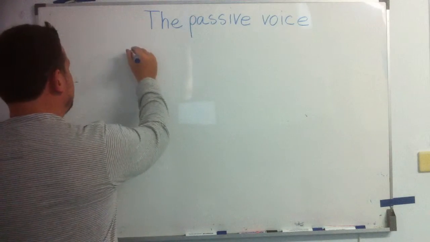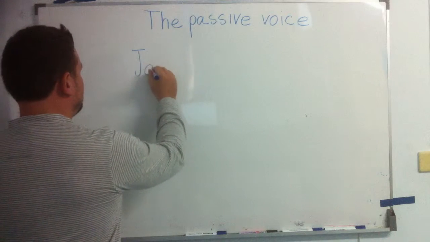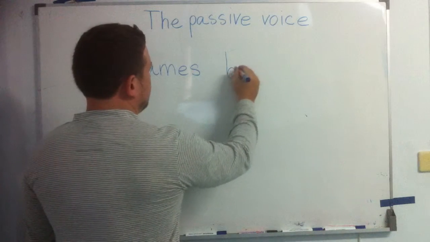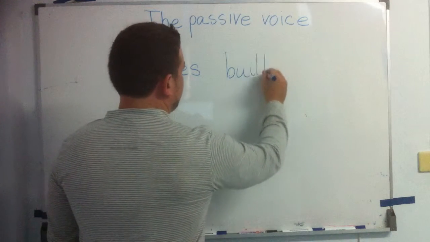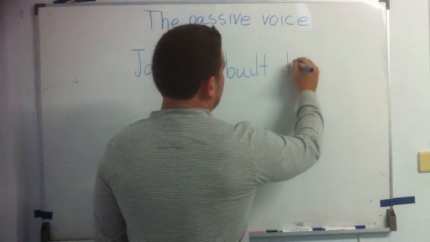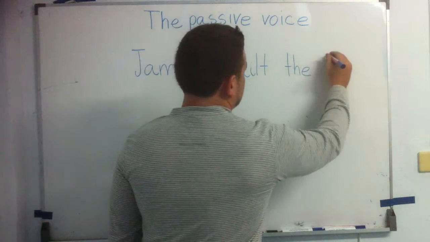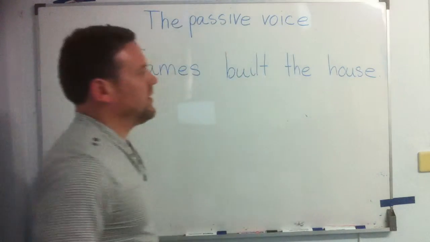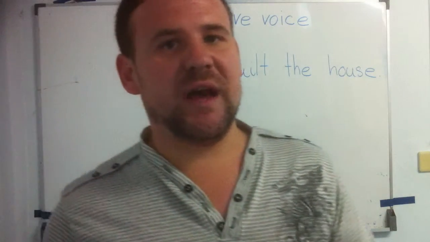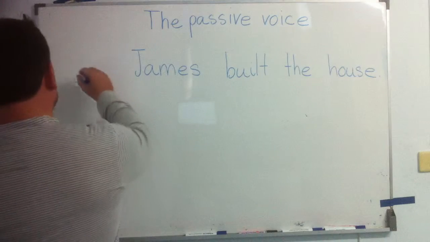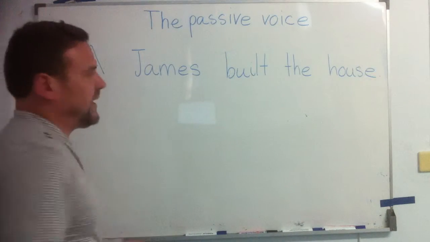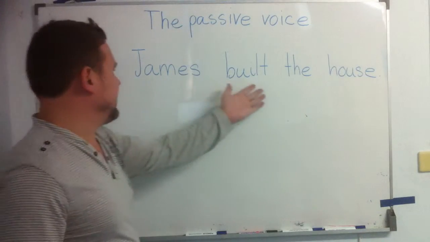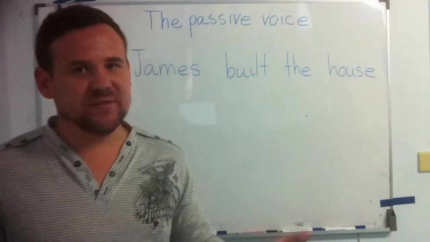So let's say James built the house. So we're saying James built the house, and this is in the active voice. Okay, so how do we change this sentence, James built the house, into the passive voice?